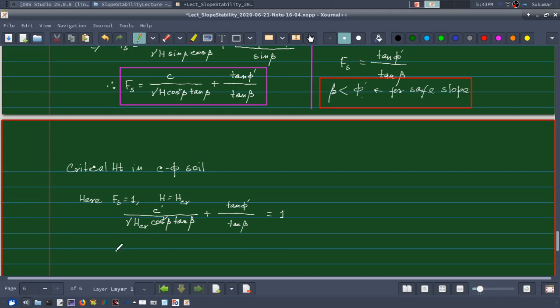And then if I simplify, I'll have here sin beta cos beta.